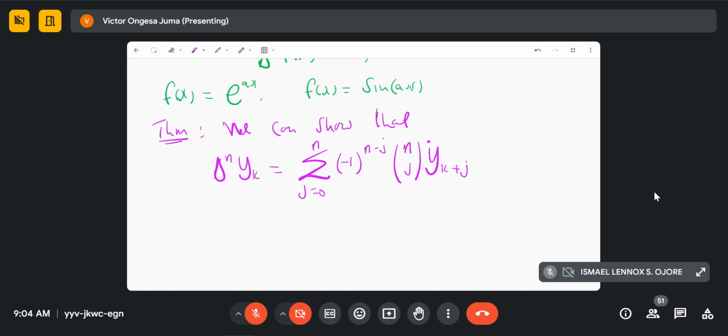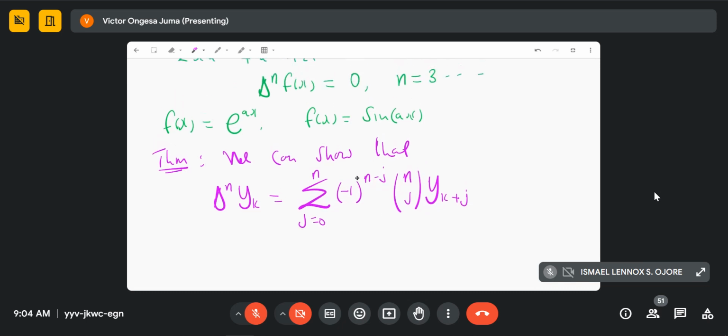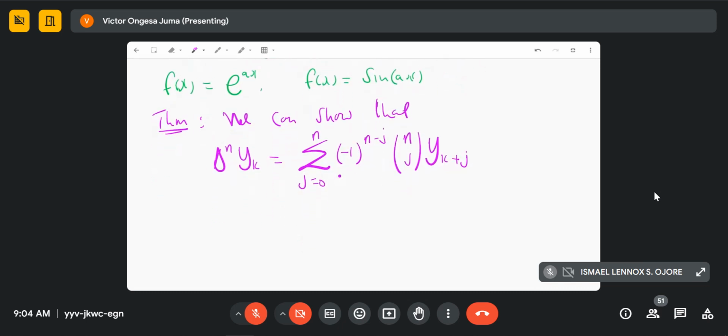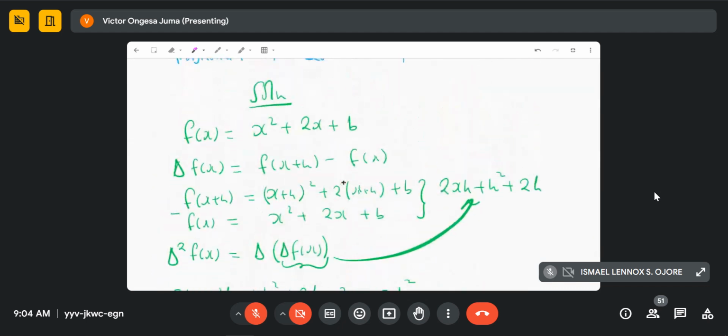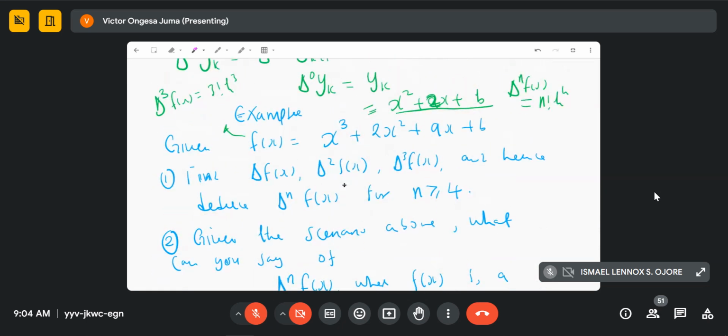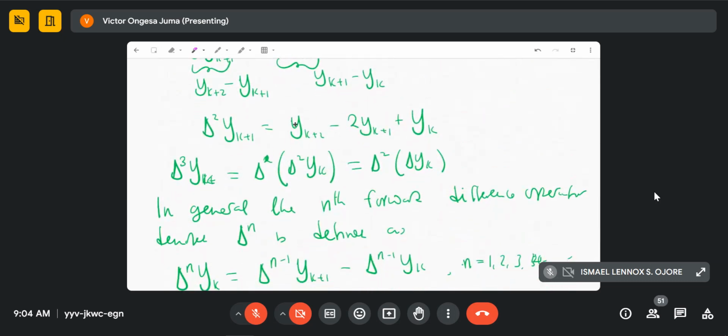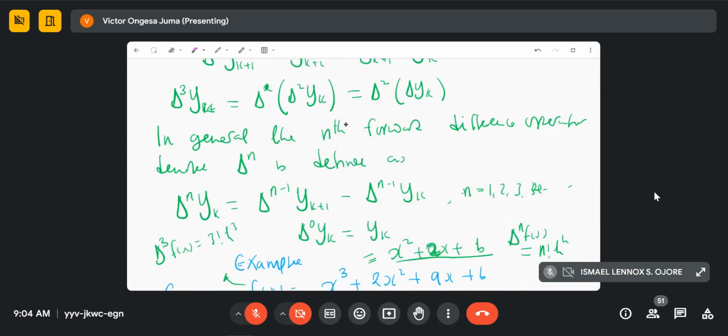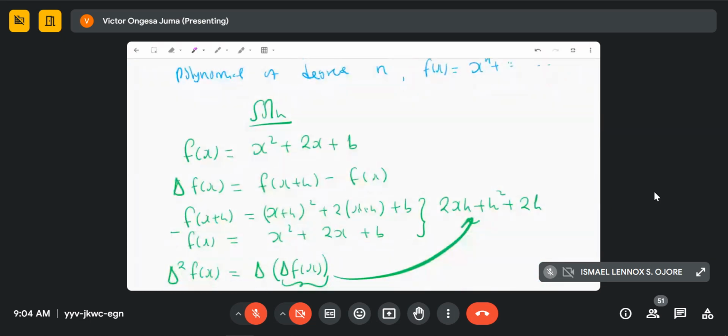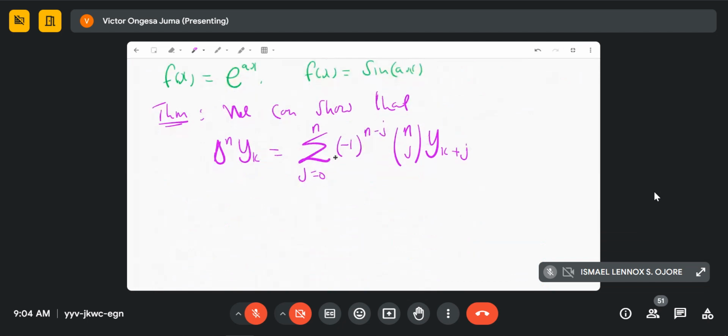So if you use this formula on a second difference, you are summing this up, and it should give you what we got here. Basically, I'm just generalizing this; it's just operating on different operators. But you don't need to cram this formula, you may not even write it anyway. Basically, this is the general form.